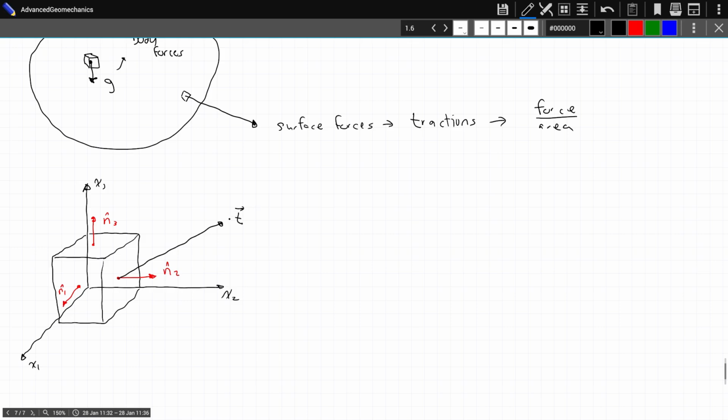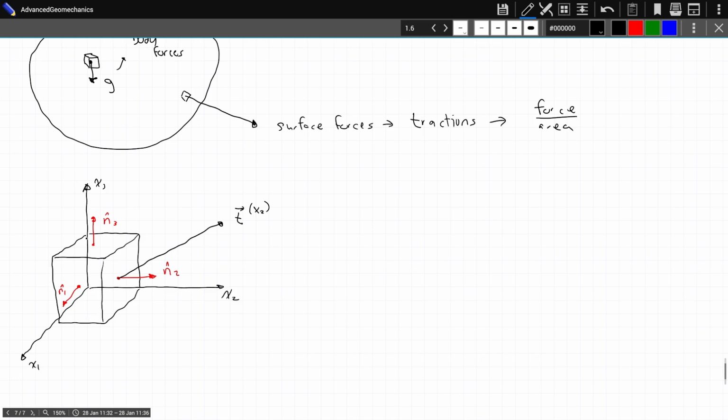We're going to identify the traction vector, we're going to call this T_x2, just to indicate that it's pointing out of the face that's also in the x2 direction. Okay.